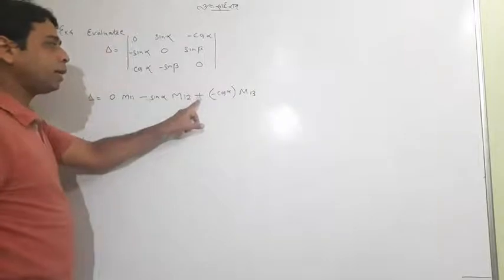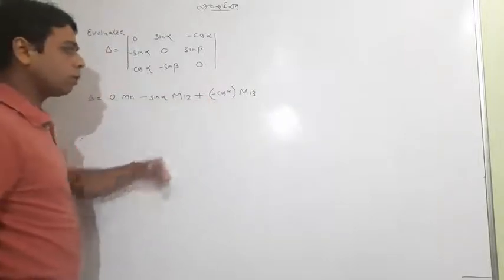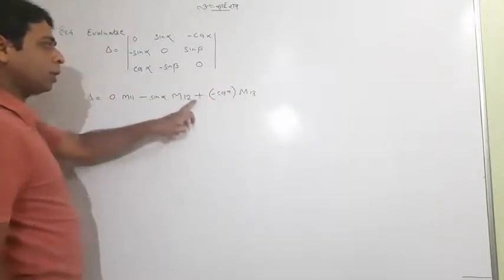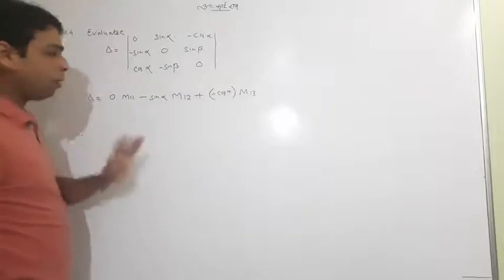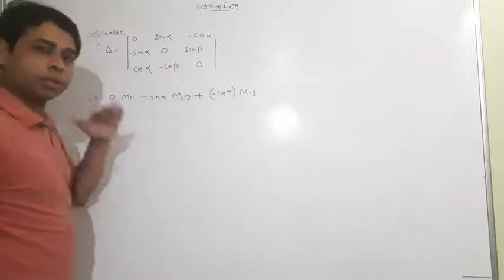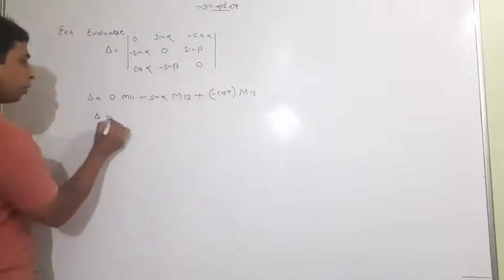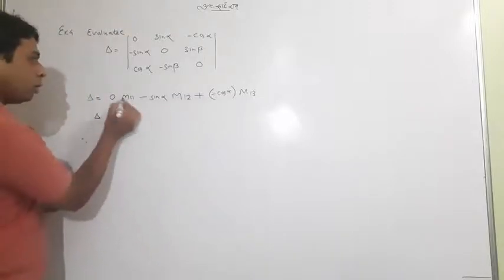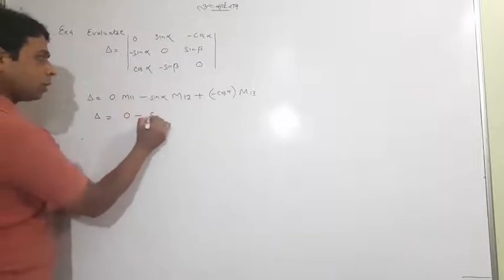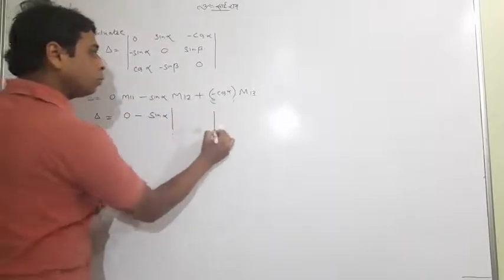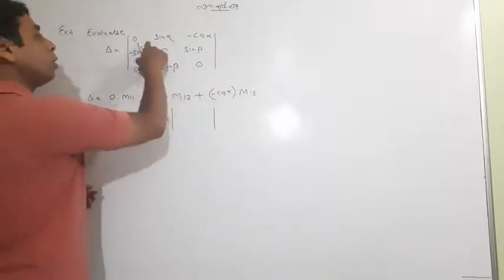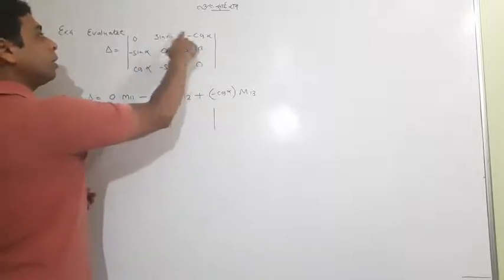You also can write directly a minus sign, but just you should not be confused. That's why I used a plus. Now remember this plus minus plus is a sequence of the sign. Now this M11, whatever the value, is 0. Sin alpha, what is M12? You know it: the minor of that element, this row and column will eliminate.